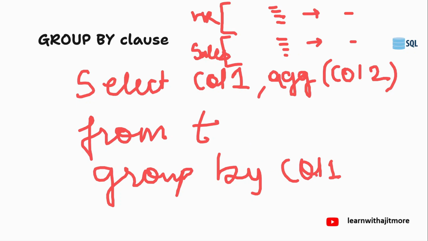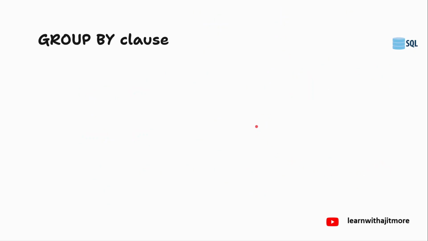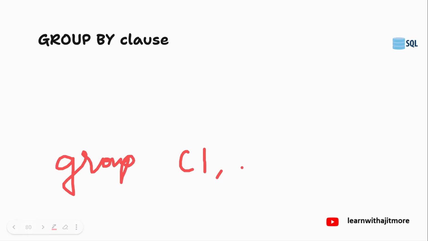ठीक है? And you can do grouping on multi-column also, but whenever you do multi-column, it is like that first grouping is done on column 1. Remember, if you write group by C1, C2, like example, C1 is department and C2 is city.